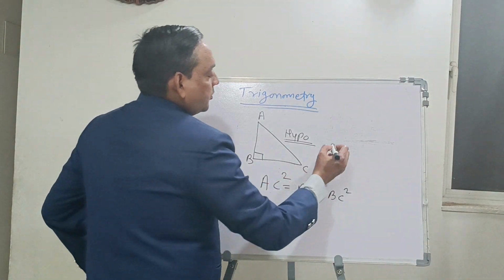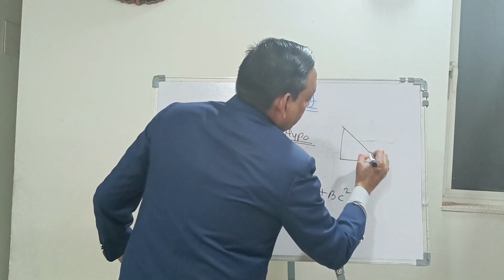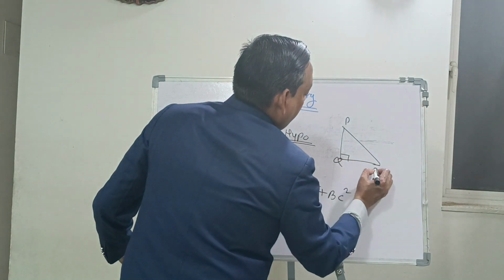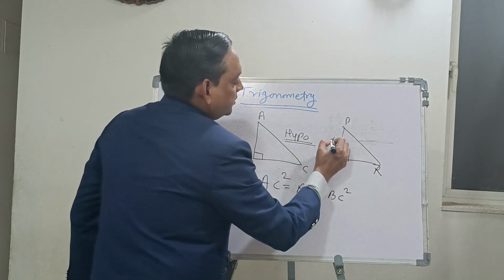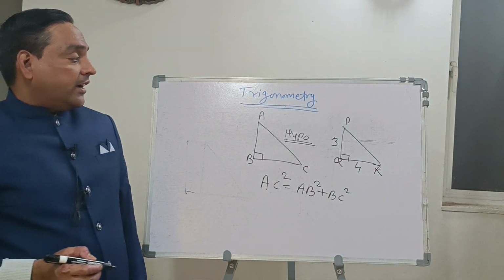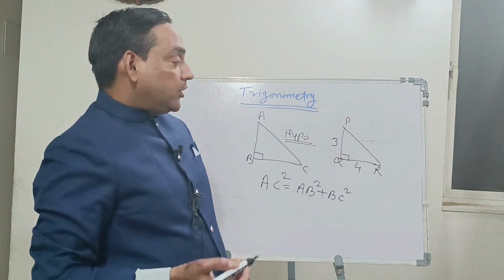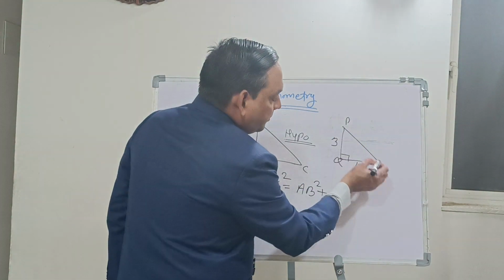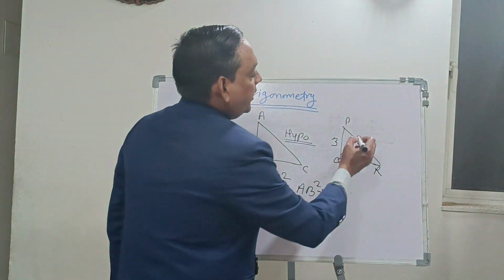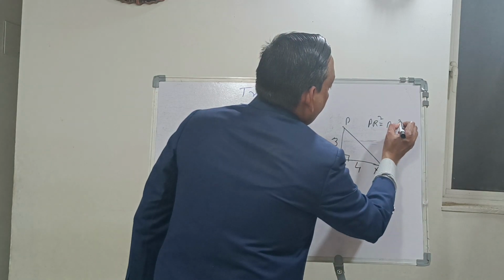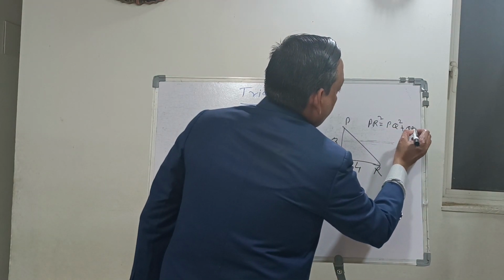Suppose, for example, in a right angle triangle PQR, one side is given as 3 and another as 4. How to find the third side? By using the Pythagoras theorem, we have to find the hypotenuse, the longest side. The formula is PR square is equal to PQ square plus QR square.